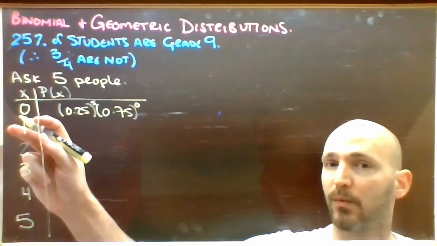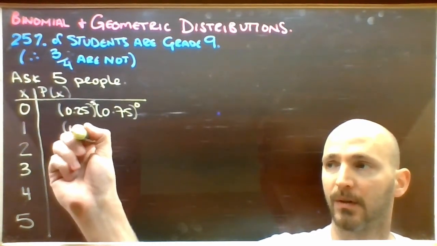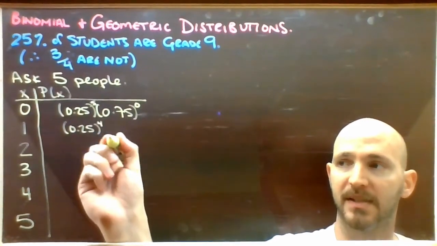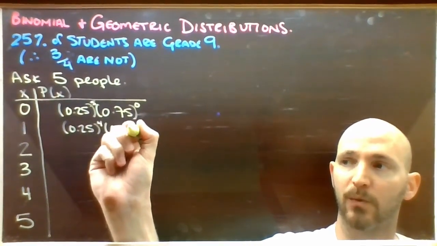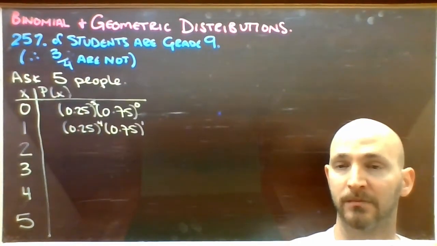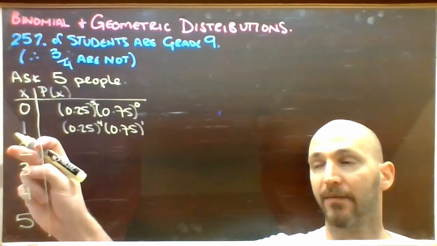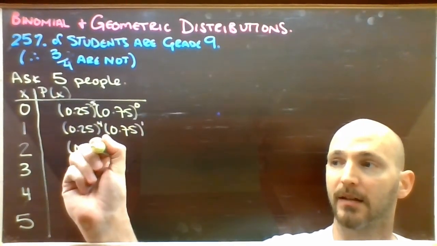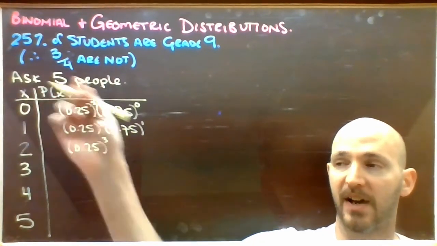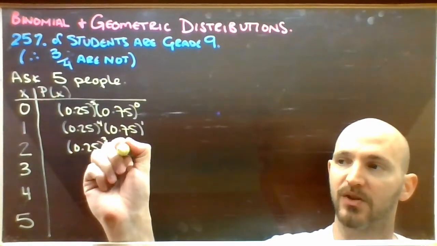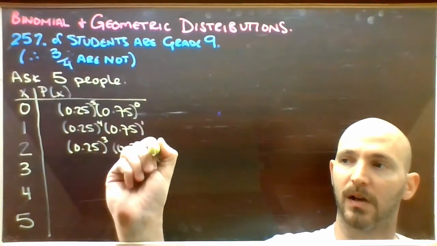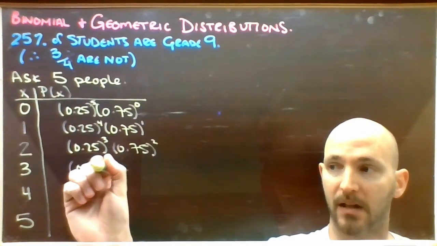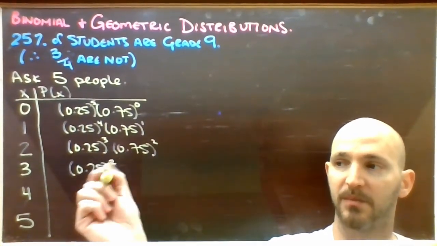If I find only one senior student, that means in my group of 5 people, 4 of them must have been in grade 9 and only 1 was a senior. If I find 2 people that are not in grade 9, then 3 of the 5 people I asked must be in grade 9 and 2 are not. If I find 3 people not in grade 9, that means the balance of 2 people had to be grade 9s.